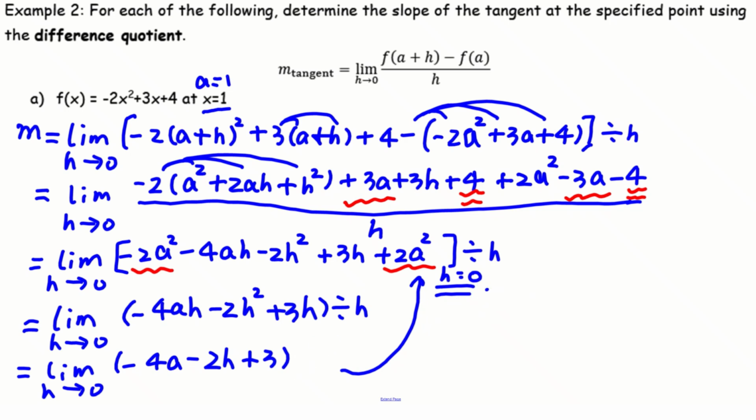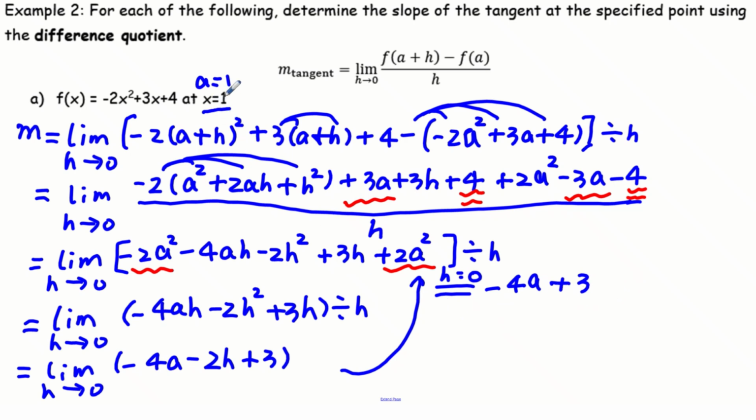Then we are going to have -4a, and we sub in h here, -2 times 0 gives you 0, so plus 3. This is our slope of the tangent for any point at x equals a. An x value equal to a gives you this slope.